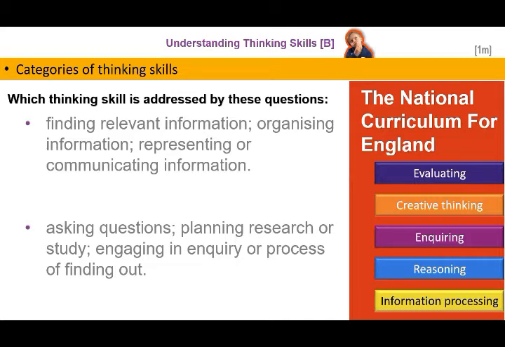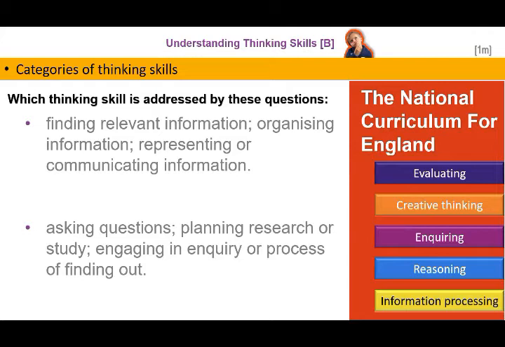Which thinking skill is addressed by these questions? Finding relevant information or organizing information, representing or communicating information. What is the skill? Understanding.